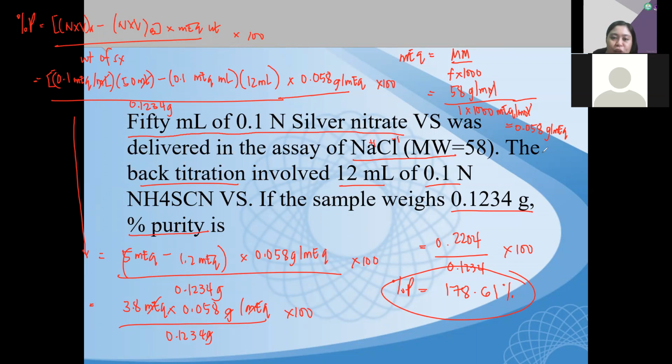Actually, this is not really acidimetry. It is a problematic example because silver nitrate is neither an acid nor a base.